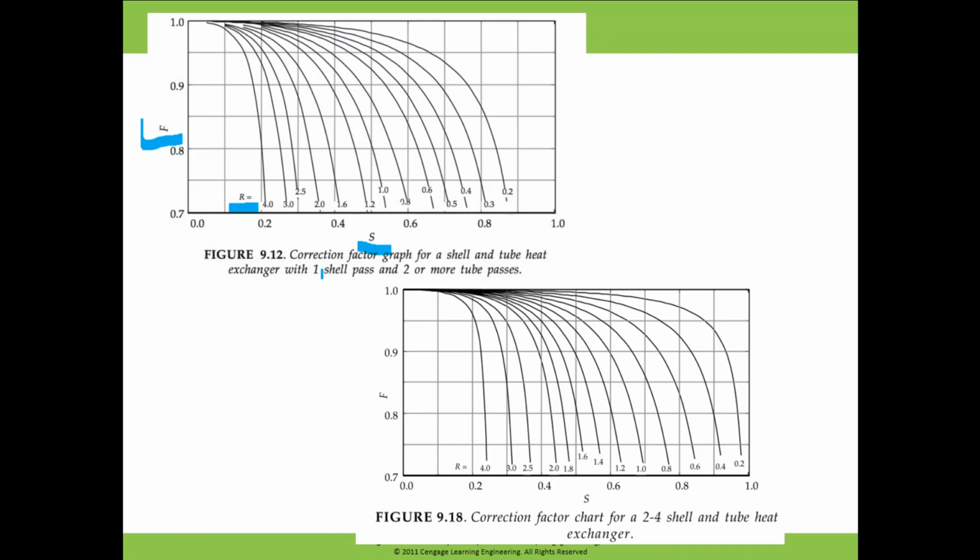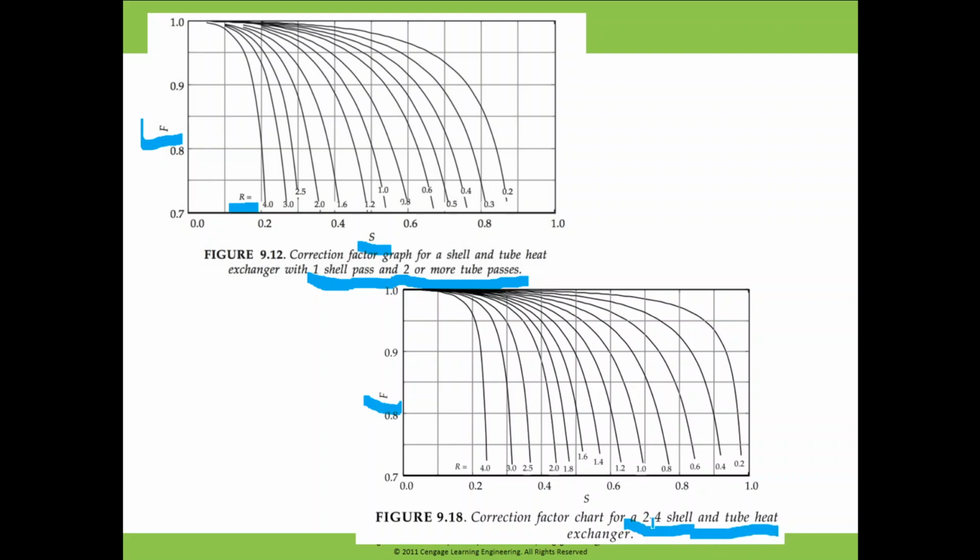F. So remember here that this chart or graph is applicable for one shell and two or more passes. So it's like one shell 2 passes, or one shell 4 passes, or one shell 6 passes, 8 passes, like that. And this chart is again for the correction factor, and this is for a 2-4 shell and tube heat exchanger.